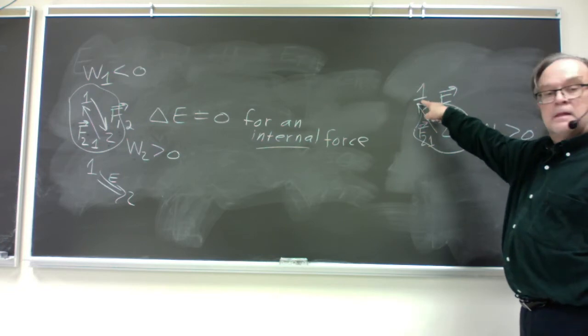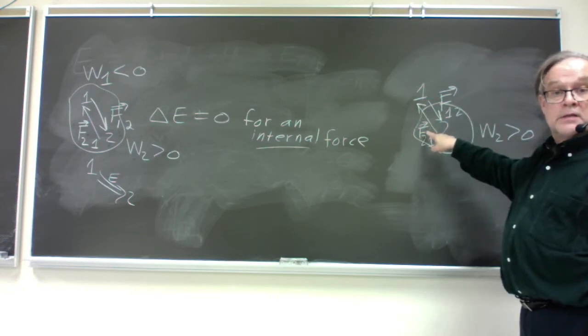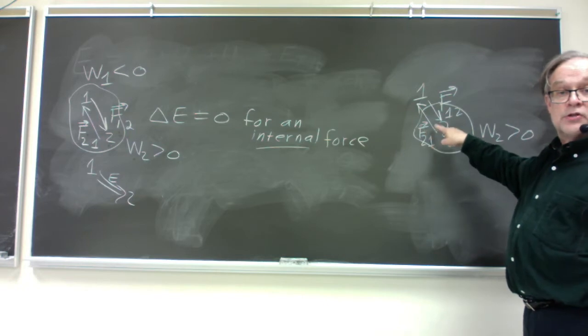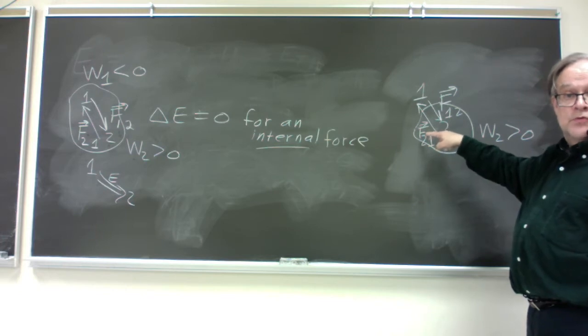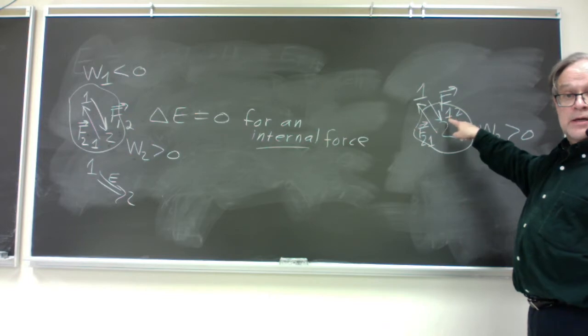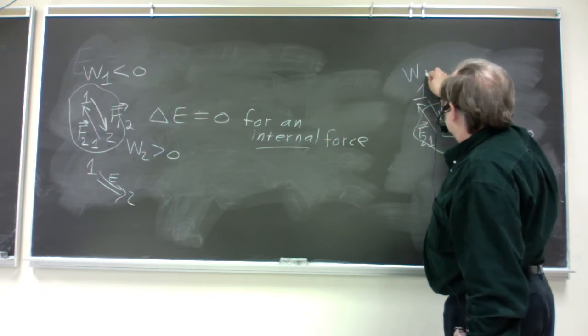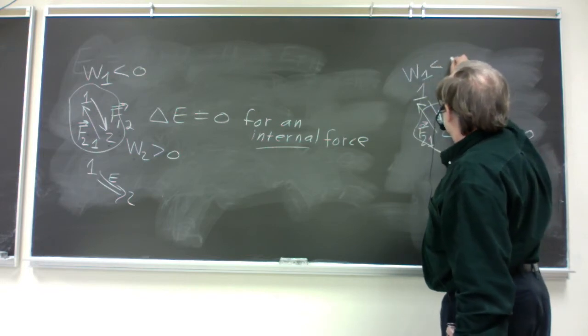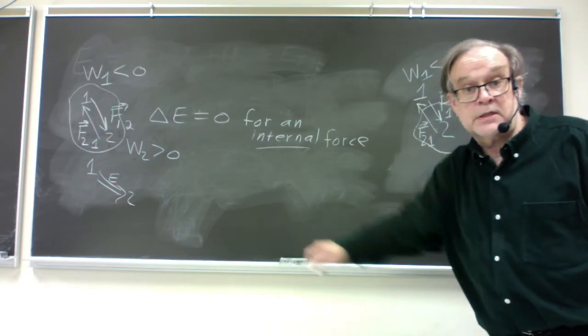And so that force will do work on thing 1, and because this force is in the opposite direction from this force, the sign of this force's work will be opposite to the sign of this force's work. So thing 1 has negative work done on it. So now something different is happening from what happened in this case.